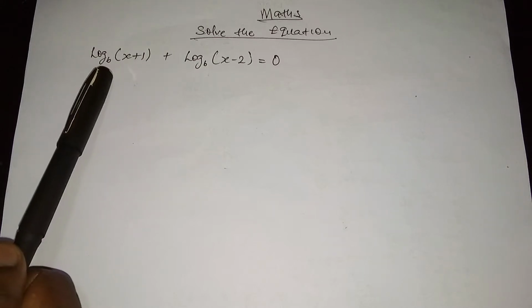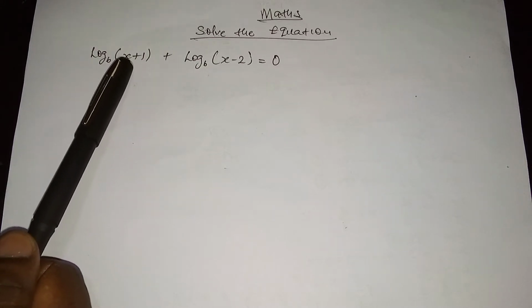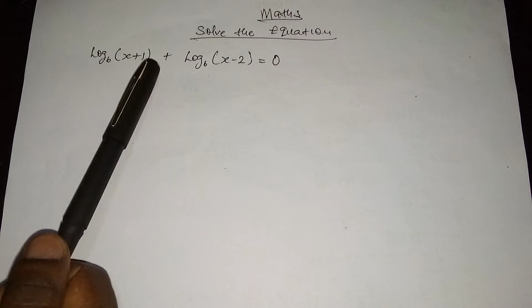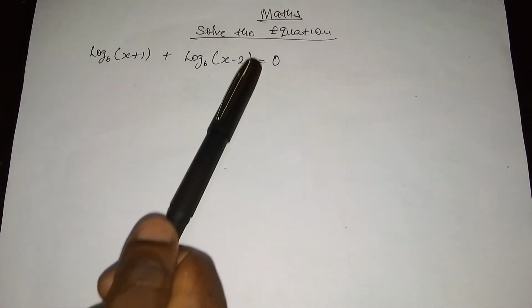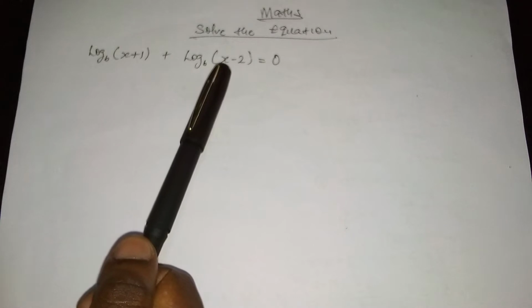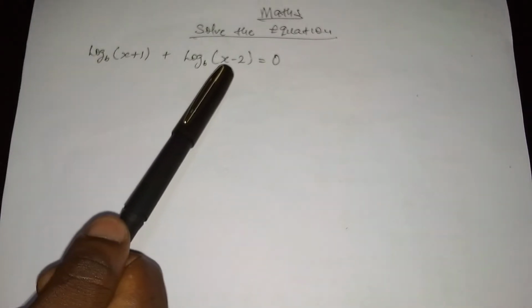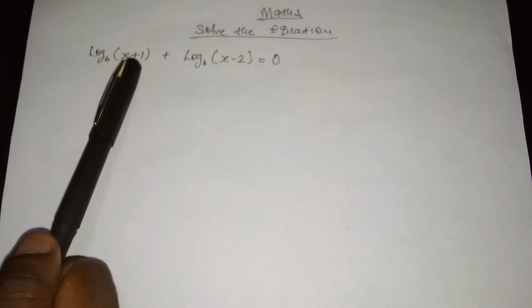Like here we have log to base b (x + 1), which is log of (x + 1) to base b. So we are going to multiply x + 1 and x - 2 because x + 1 is in base b and x - 2 is also in base b, which means their bases are the same.